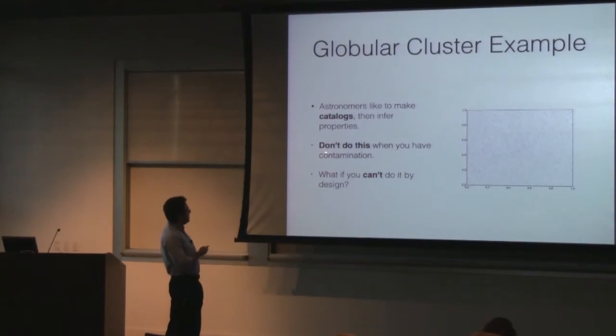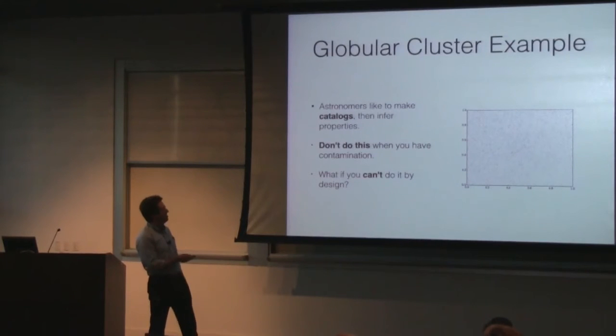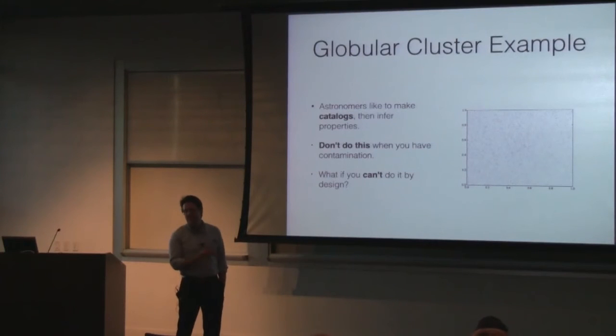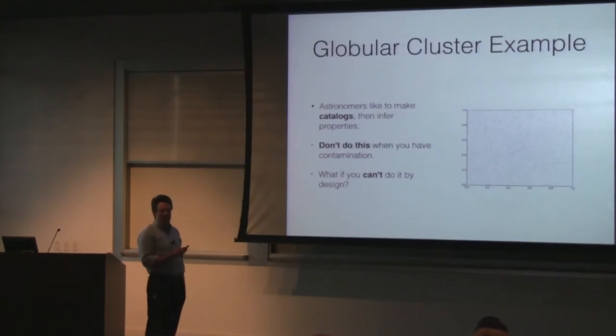If you have contamination, our argument at FGMC is don't do this. Okay? And we gave a toy example where you can't do this. So this is a synthetic field of stars, every dot's a star, and there's a globular cluster. Okay? There's 11,000 stars in this field. 1,000 of them are in the globular cluster, which you cannot see by eye. And in fact, we arranged this to be maximally pessimistic.